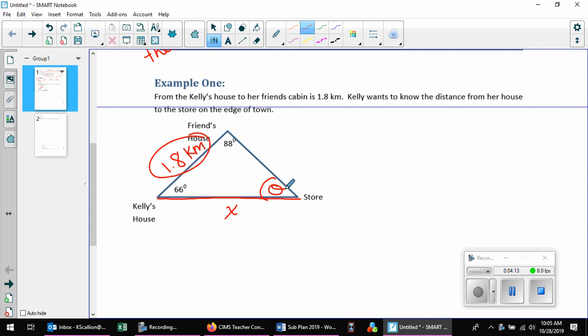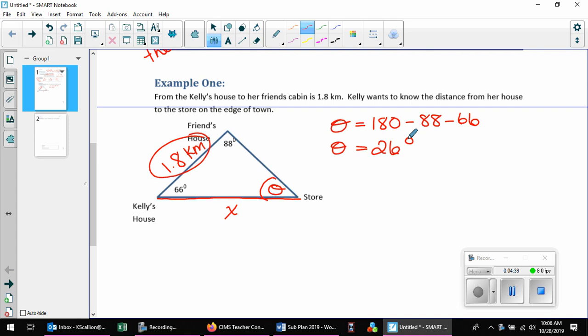In order to find theta, that's going to be 180 minus 88 minus 66. What does that give me? 26? Sure. Can I trust you, Pat? It is a Monday morning. So this is 26 degrees.